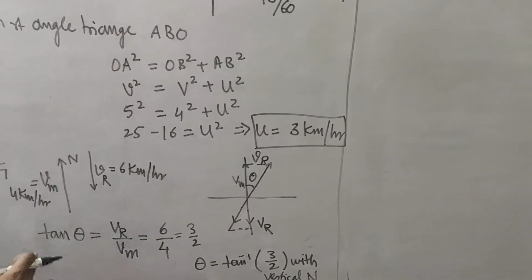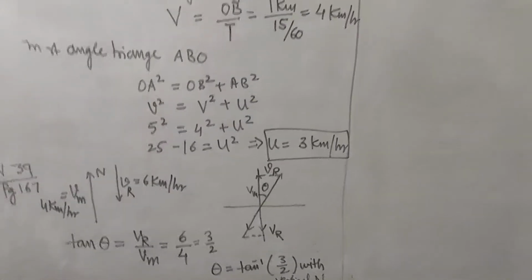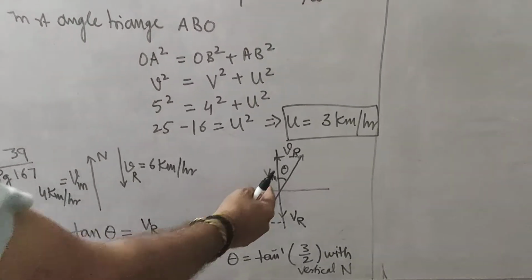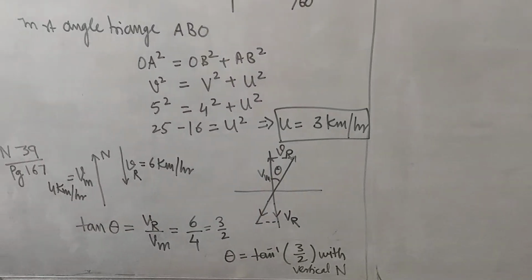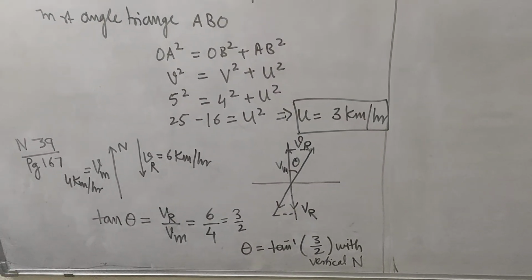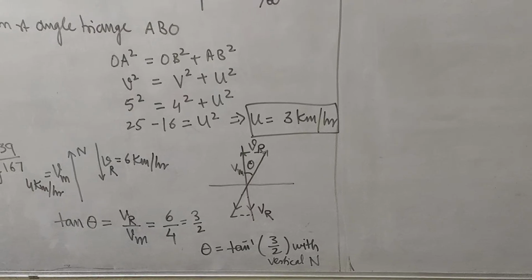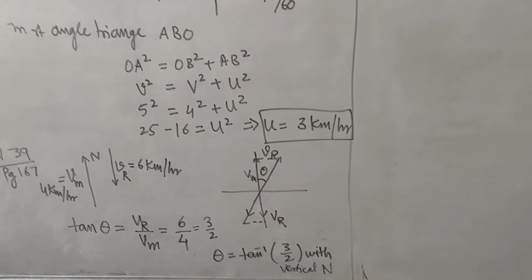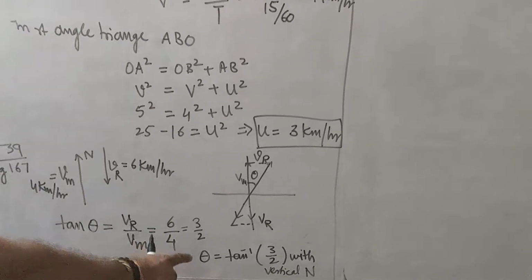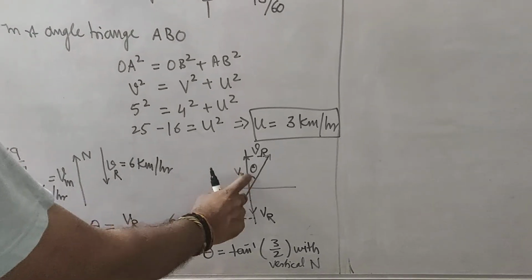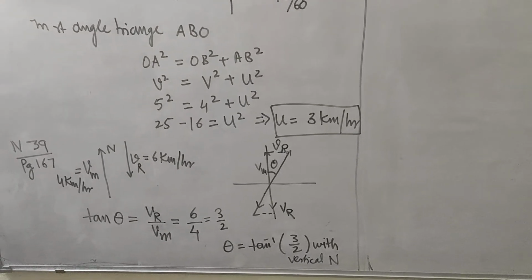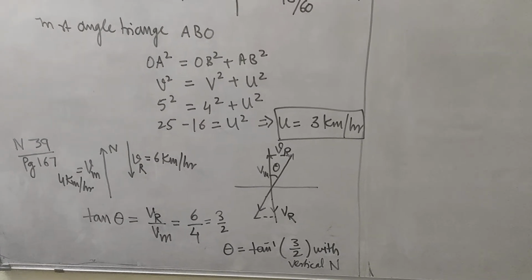This is the formula I have told you in the topic when I discussed relative velocity. So here the relative velocity, we can find 6/4. We can find the angle with which the umbrella can be tilted. So the umbrella can be tilted at an angle of theta with the vertical at an angle of tan inverse 3/2. You can solve tan inverse 3/2 through your calculator.